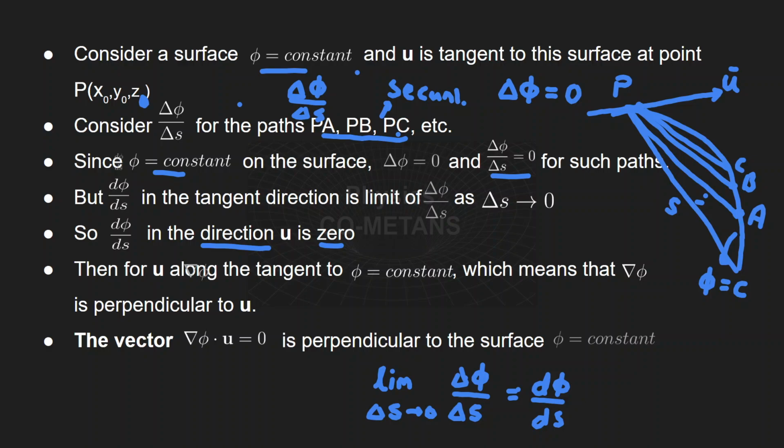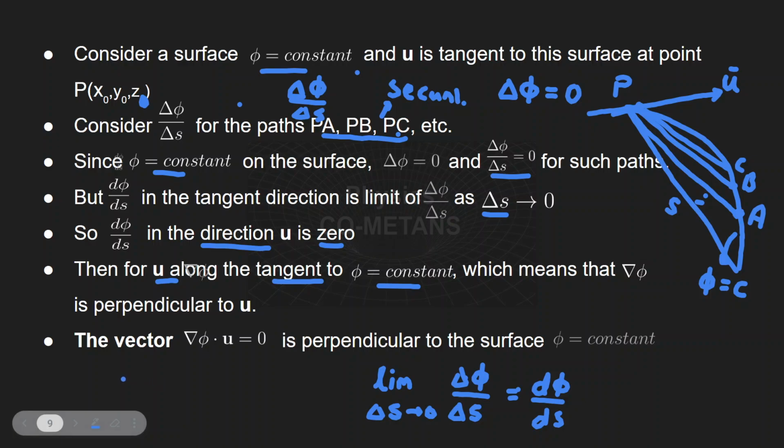Now what does this mean? In this limit delta s tends to 0, d phi by ds in the direction of u is 0. Then u along tangent to this surface phi equal to constant means that gradient of phi is perpendicular to u.